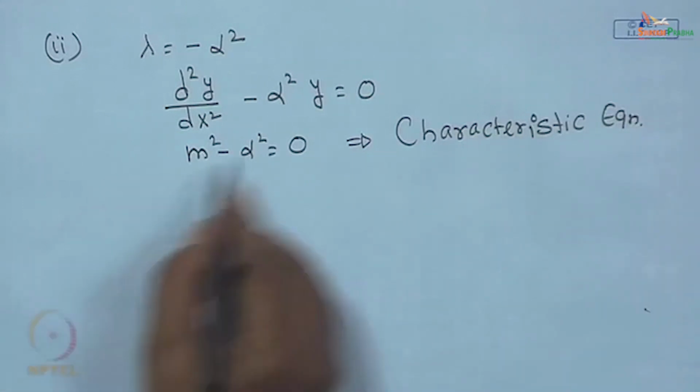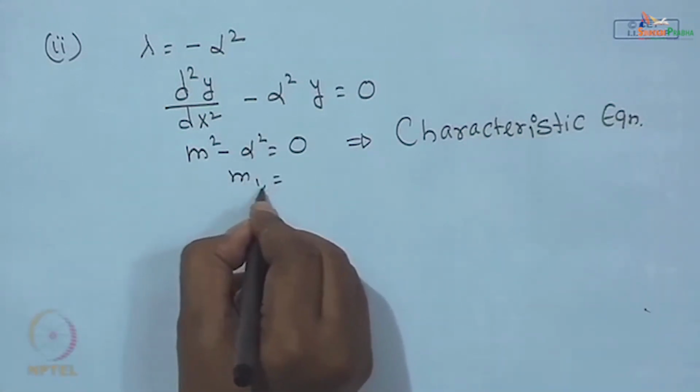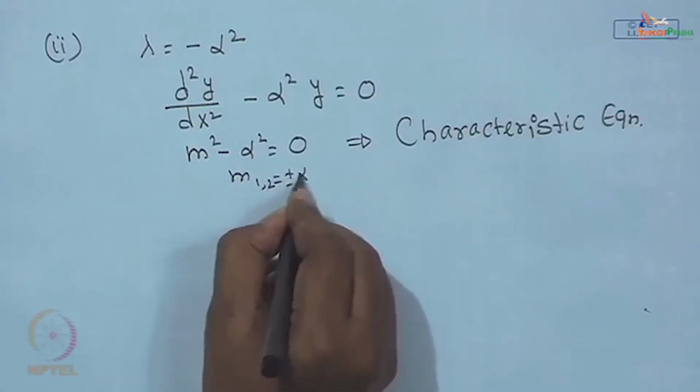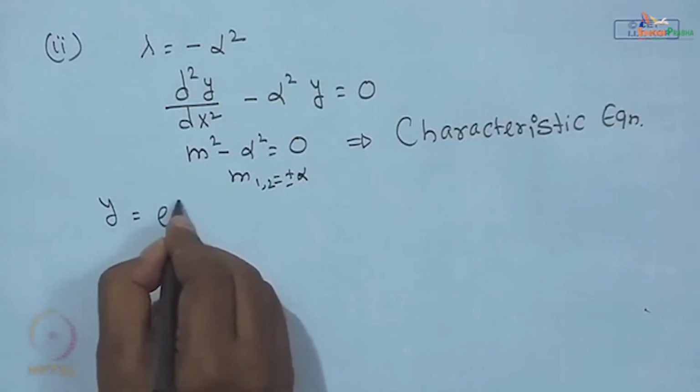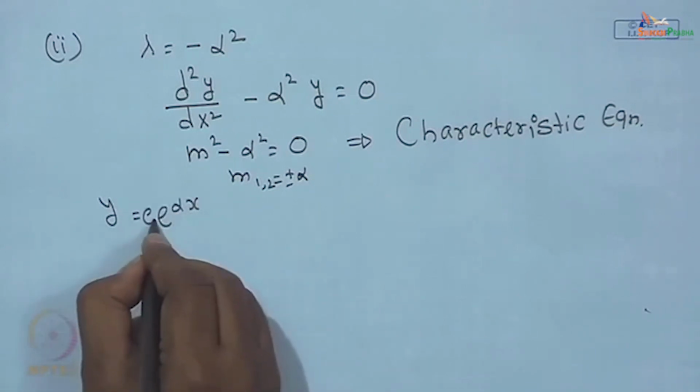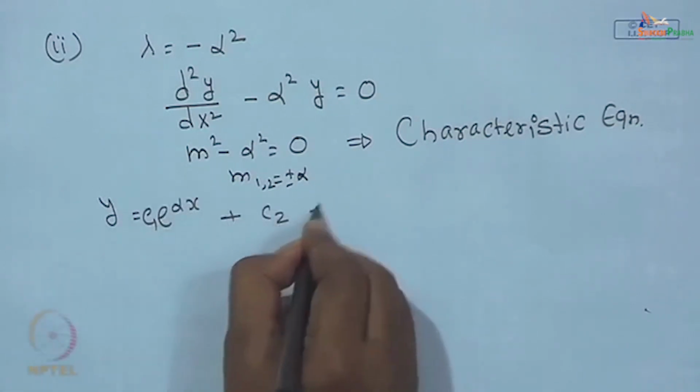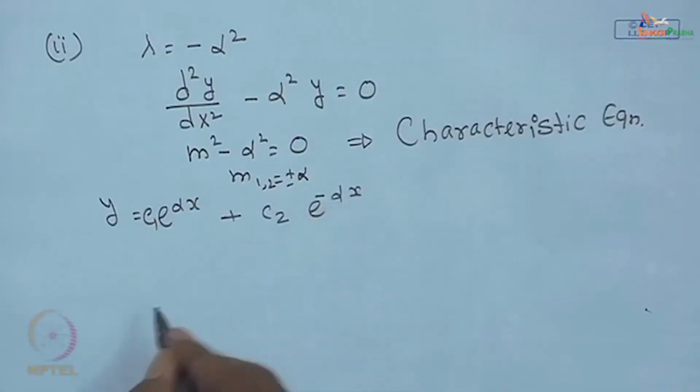So, the solution will be composed of y is equal to C1 e to the power alpha x plus C2 e to the power minus alpha x.